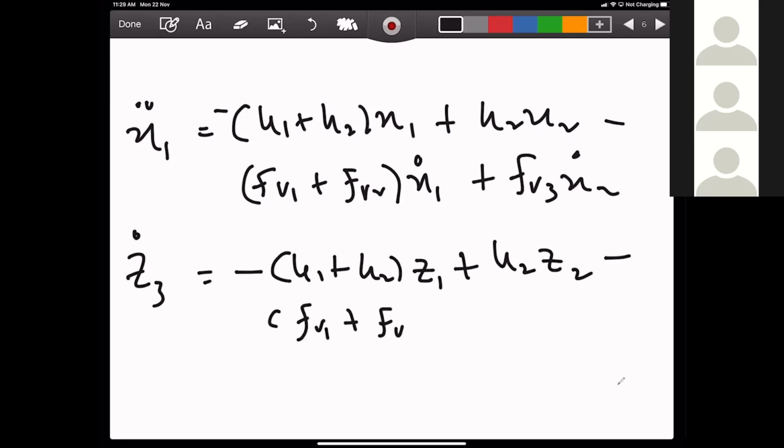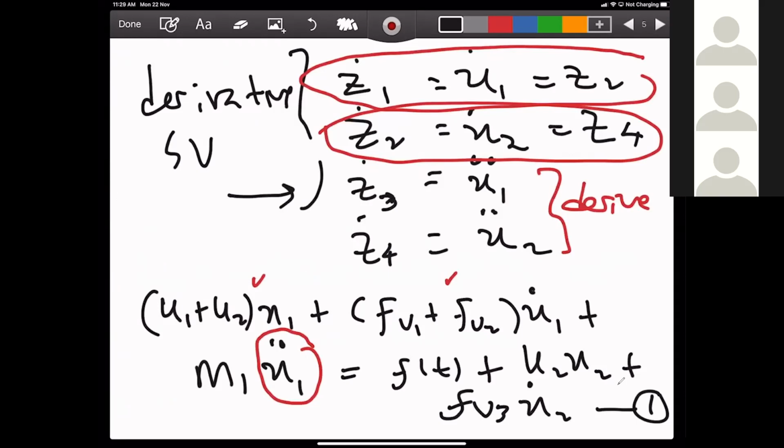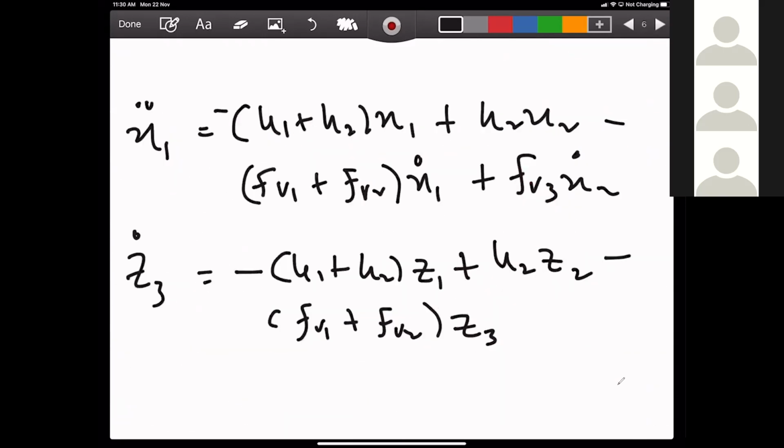Minus FV1 plus FV2 Z3, am I right? Z3 is here. And then plus FV3 Z4. So this is state equation number 3. Okay.